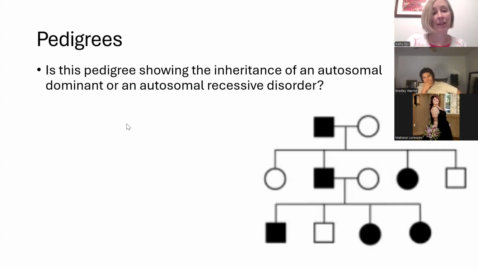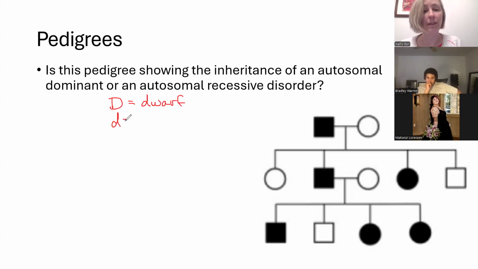So let's just take a look at an example of an autosomal dominant disorder. So let's look at dwarfism. So the dominant allele makes you a dwarf, and with the recessive allele, you're normal.